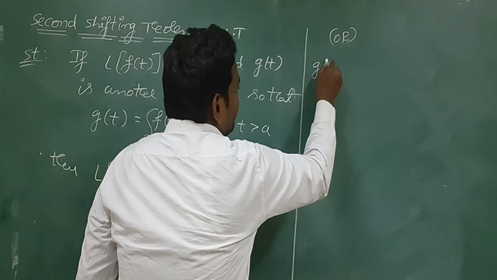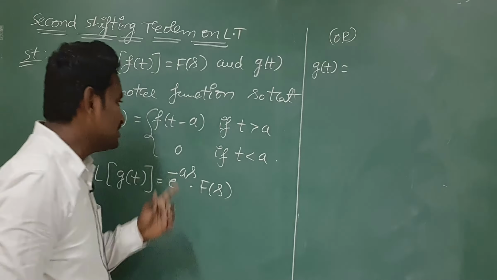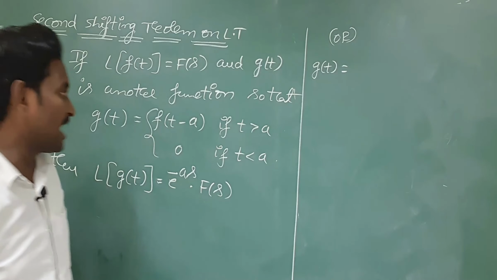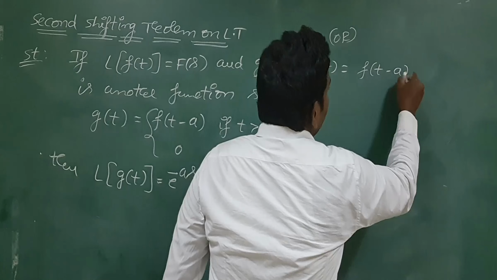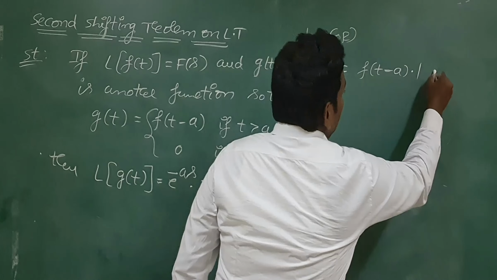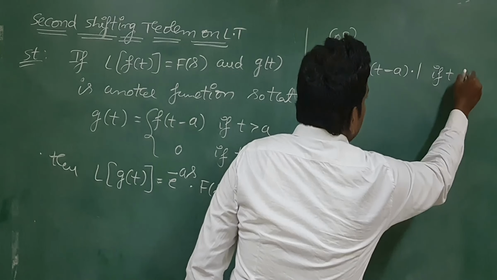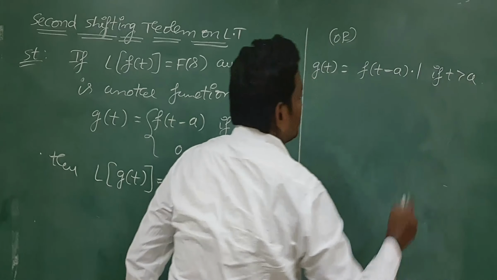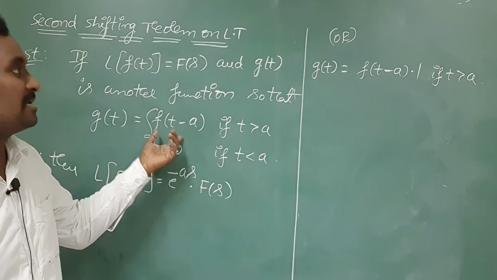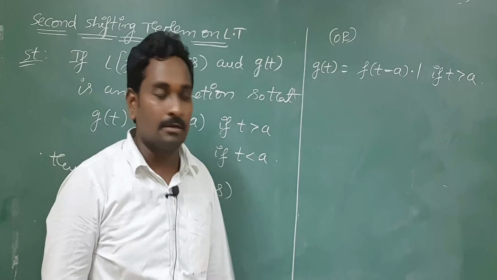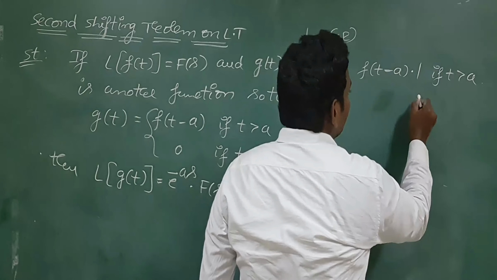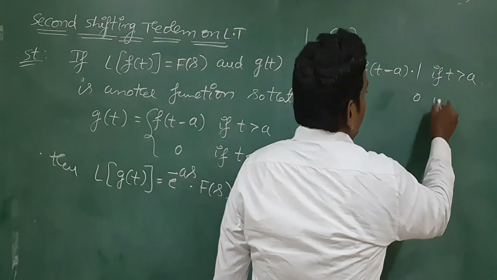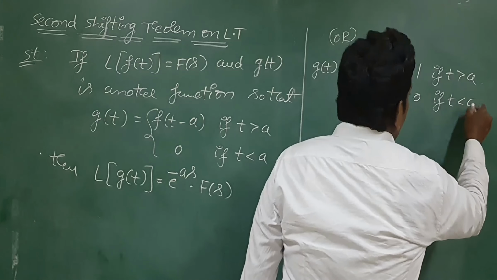Suppose what is g of t here? Here g of t is f of t minus a. I will write this as f of t minus a into 1 if t is greater than a, and f of t minus a into 0 if t is less than a.